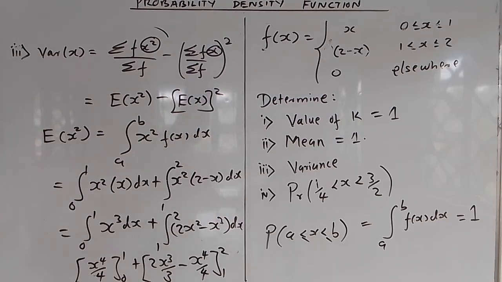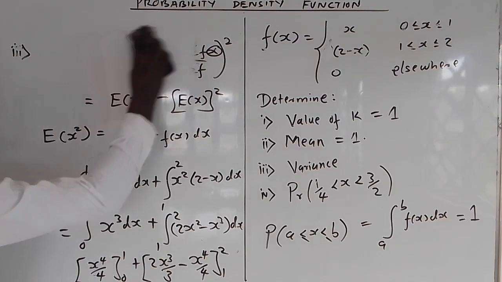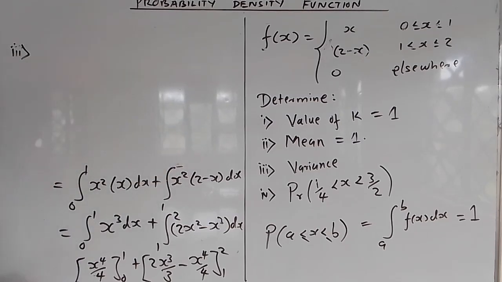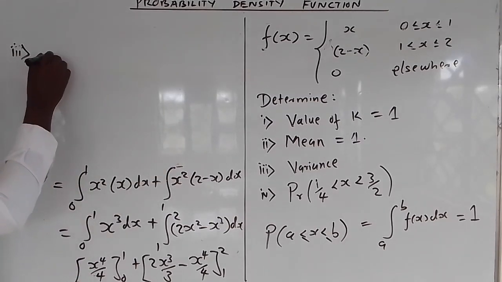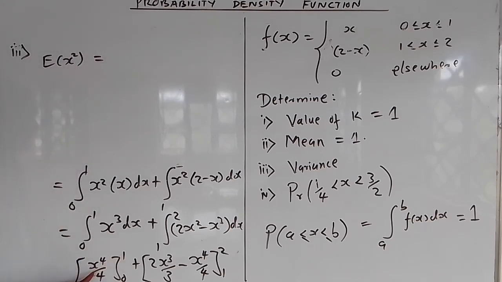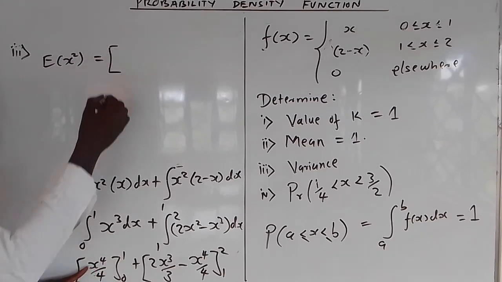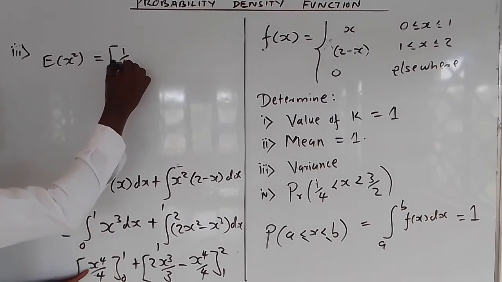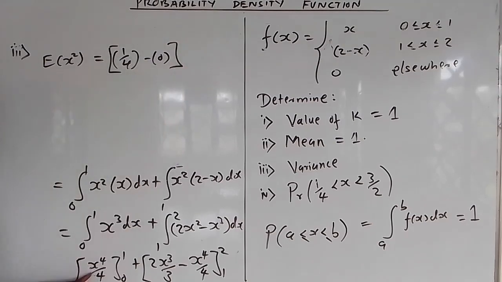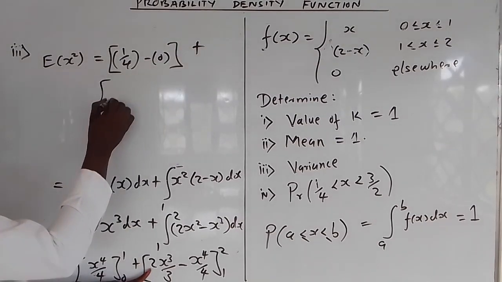Now, from there, can you substitute? I start with the first one. Remember, we were looking for the expected value of x squared. When x is 1, you have 1 over 4 for the upper limit. When x is 0, you get 0. So you are done with this part. You go to the other part, plus, start with the upper limit.